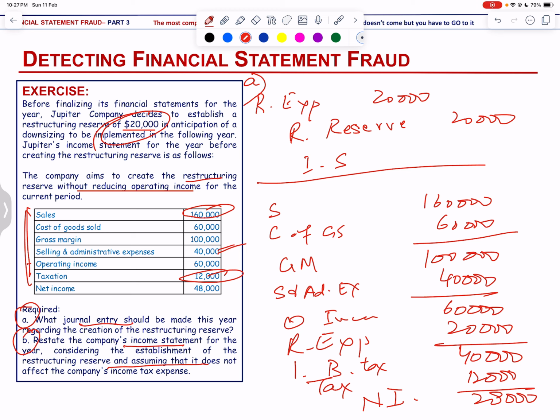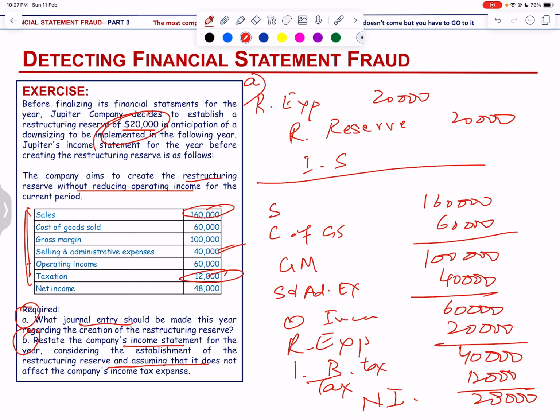Now, if a company restates its income statement by establishing a restructuring reserve without affecting its tax expense, then again there may be several types of financial statement frauds possible, like earnings management. Establishing a restructuring reserve without impacting income tax expense allows the company to manipulate its reported earnings.